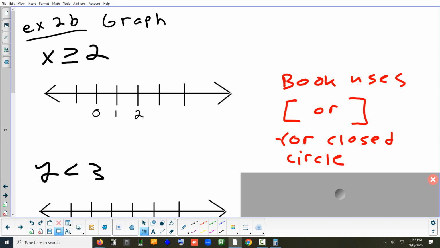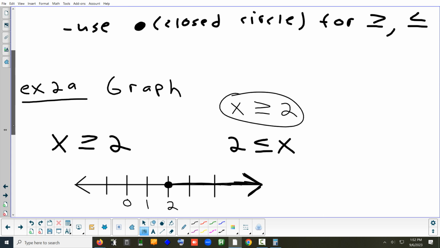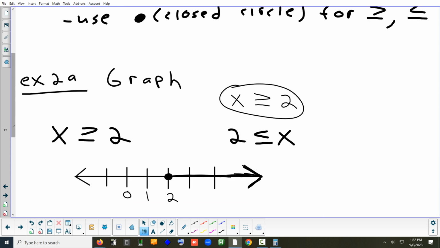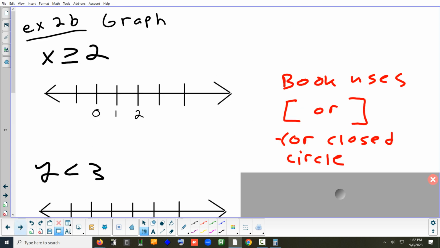The bracket has to face the way you're going to shade. In this problem we did, we shaded to the right. That means I'm going to use that bracket. So put the bracket on the number, and then shade to the right.